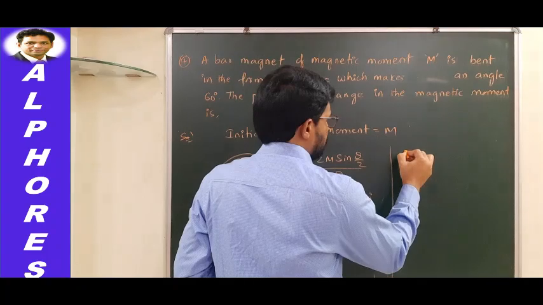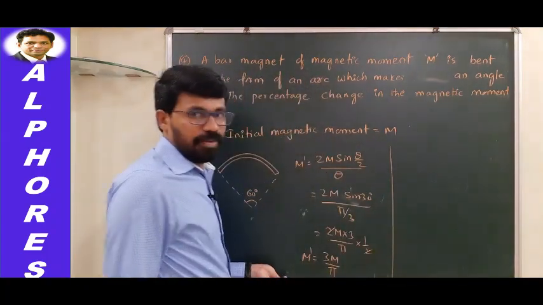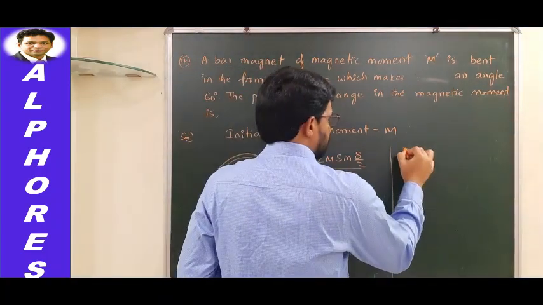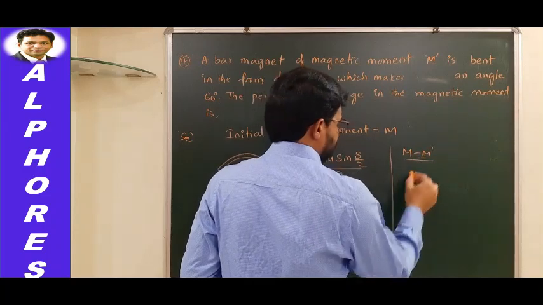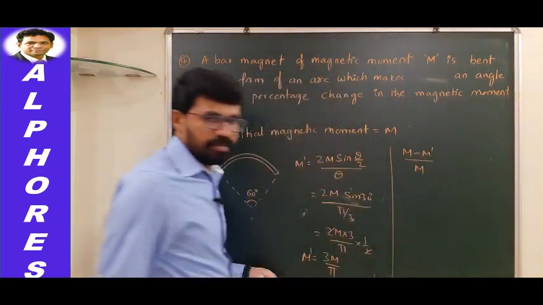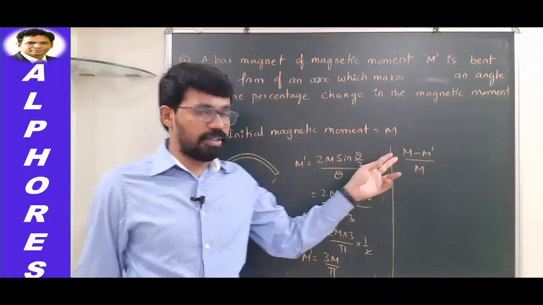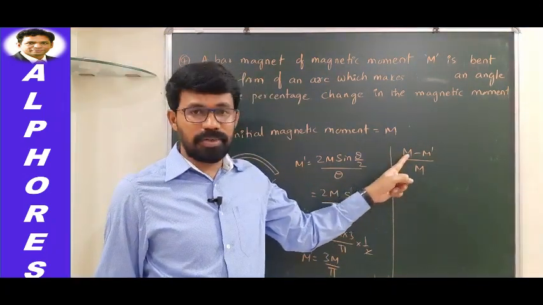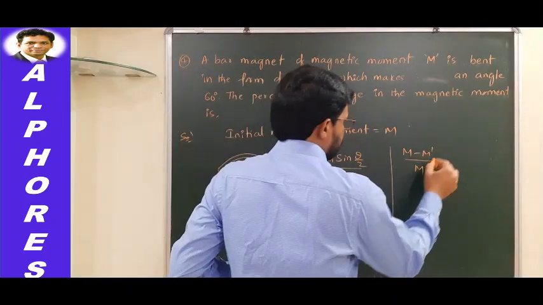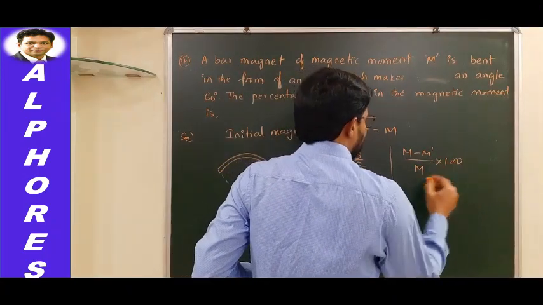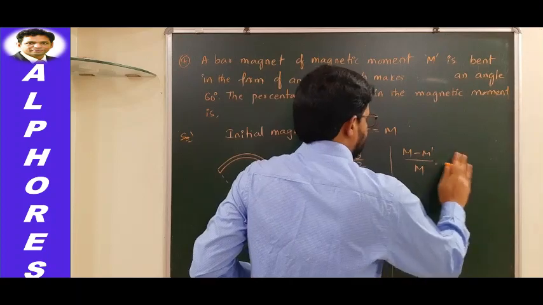Percentage change in the sense fractional change into 100. So what is fractional change? M minus m dash by m. Since I already know that it's a decrease, I have taken larger value m minus m dash. Okay, m minus m dash by m. This is what fractional change into 100. This is what he is asking for. So let us find out.